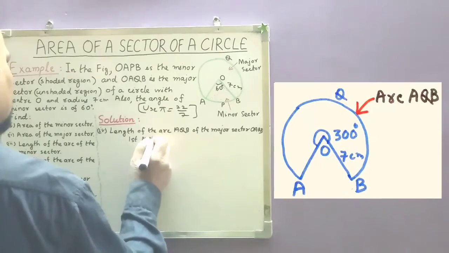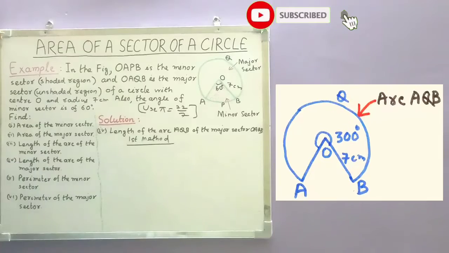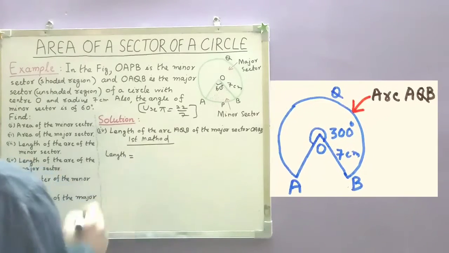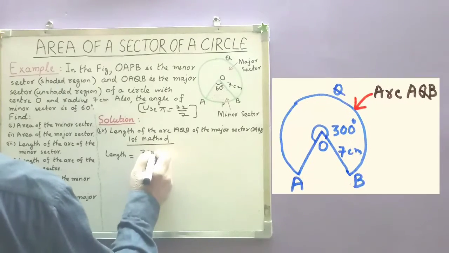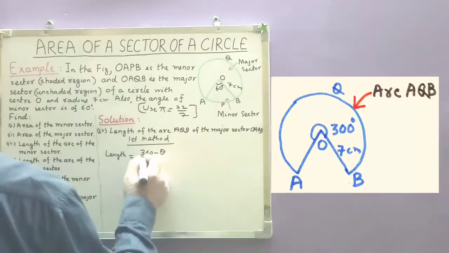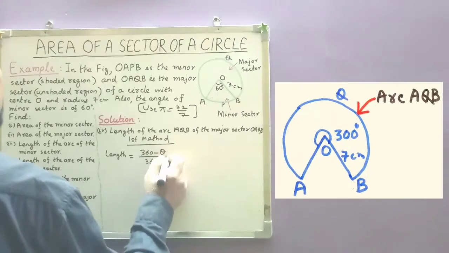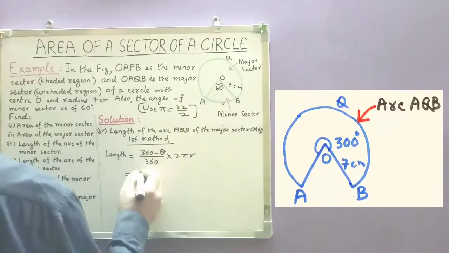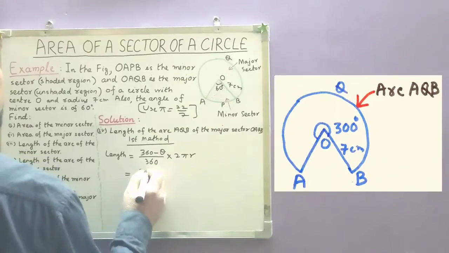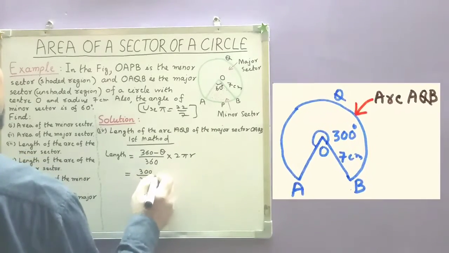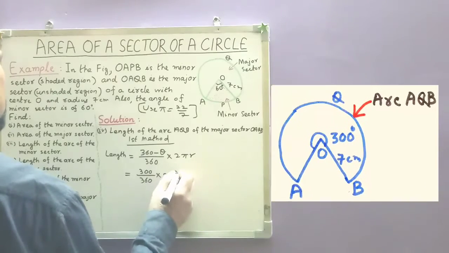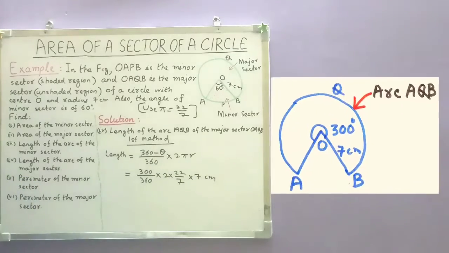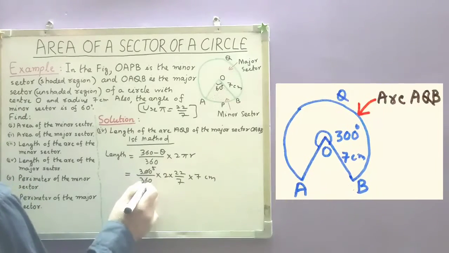First method, length of the arc equals 360 minus theta upon 360 multiplied by 2 pi r, that equals 300 upon 360 multiplied by 2 into 22 upon 7 into 7.